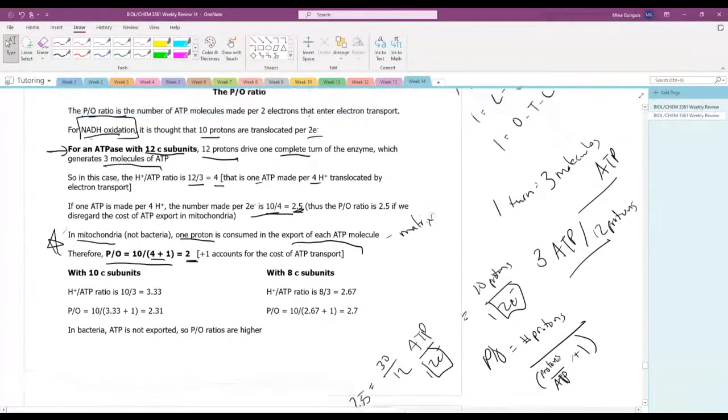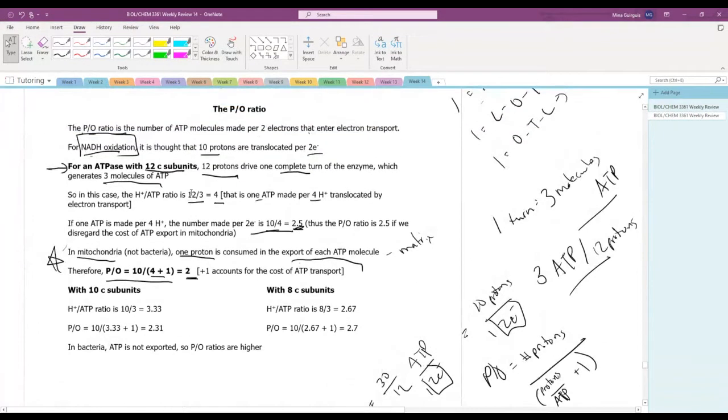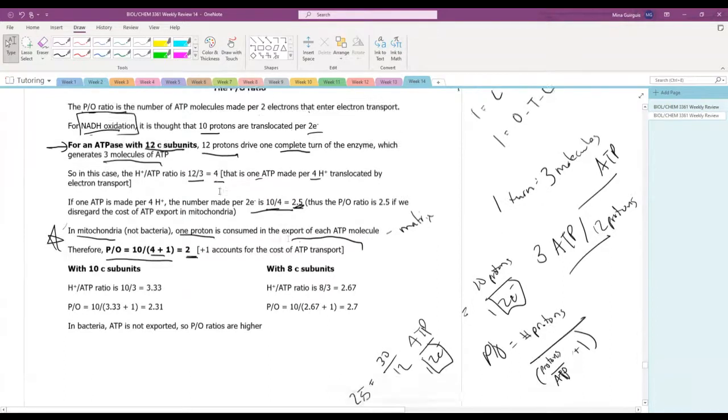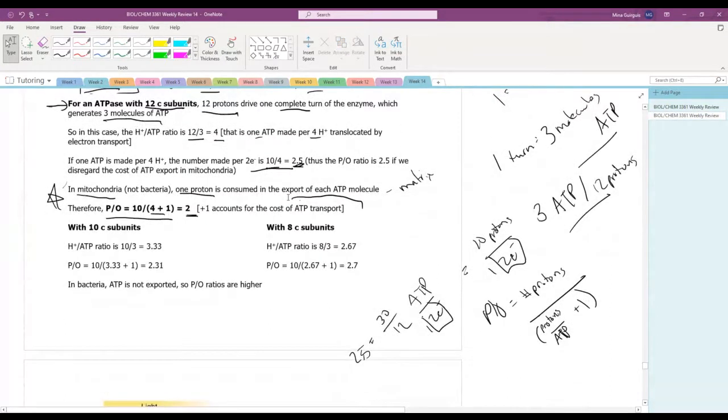Protons per ATP is this 4, which they got from 12 protons per 3 ATP, and then they added 1 because of the ATP transport.